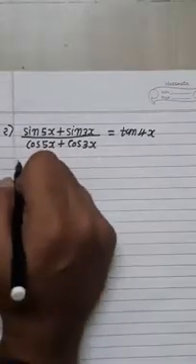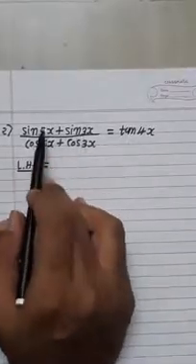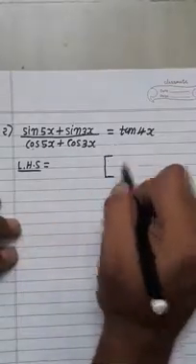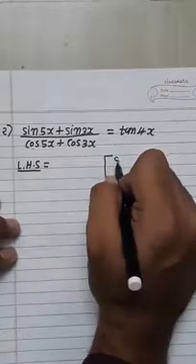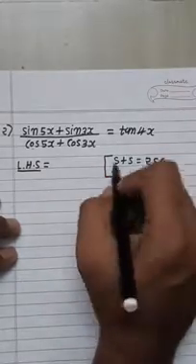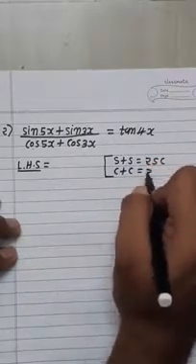So again start from the LHS side. Here in the numerator s plus s form is present and in the denominator c plus c form is present. So here we can write s plus s, that means 2sc, and c plus c, that means 2cc.